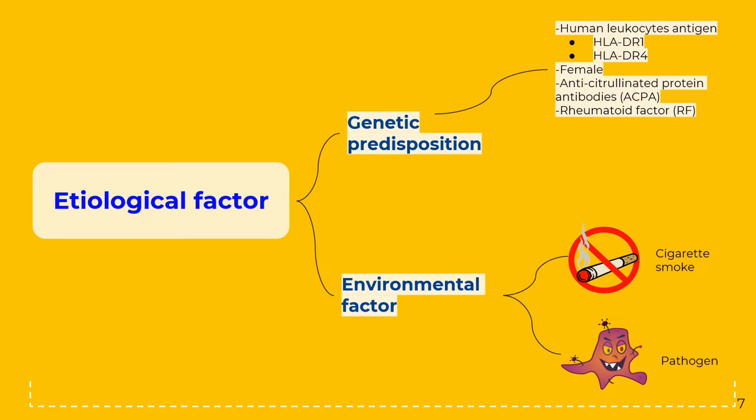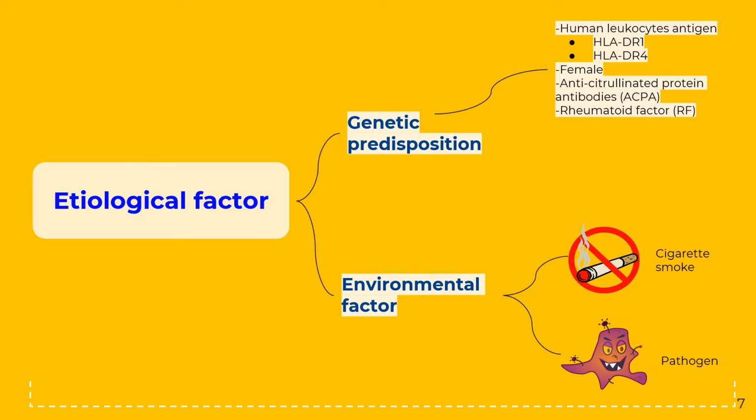The etiological factor can be divided into genetic predisposition and environmental factor. Examples of genetic predisposition are human leukocyte antigen, anti-citrullinated protein antibodies, and rheumatoid factor. Examples of environmental factors are cigarette smoke and pathogens.